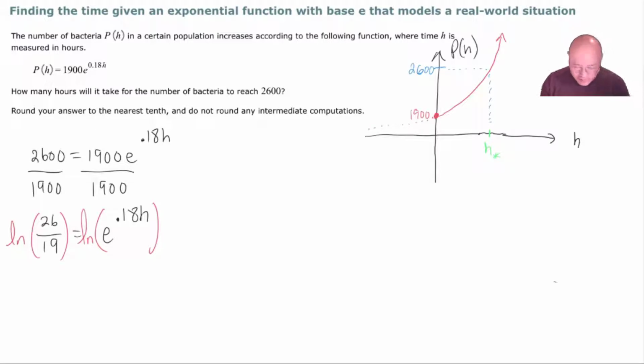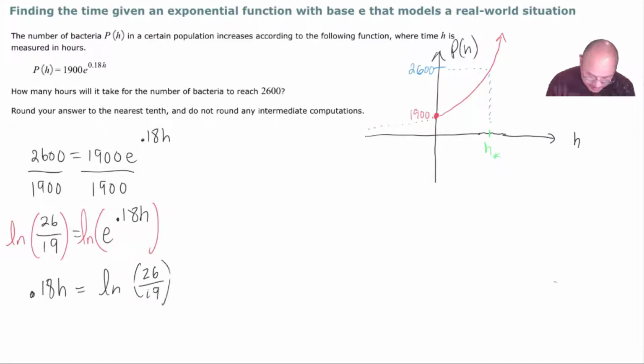Now we have log properties. The log properties say that this is 1/800th times h is now equal to the natural log of 26 over 19. We could divide both sides by 1/800th. And what do we get?